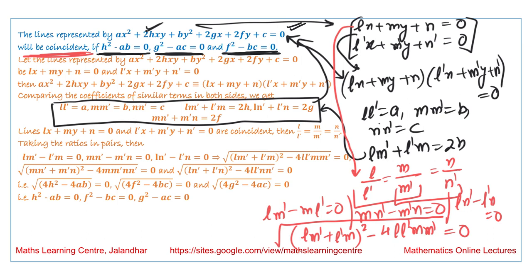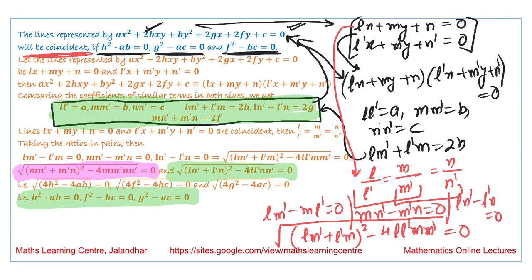Similarly, we will have this second result, and similarly this third result. From these conditions we can obtain this. And now by using these values, we have these values over there. By substituting these values, we will obtain the final three conditions: h² - ab = 0, f² - bc = 0, and g² - ac = 0.